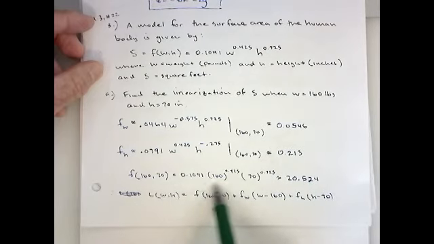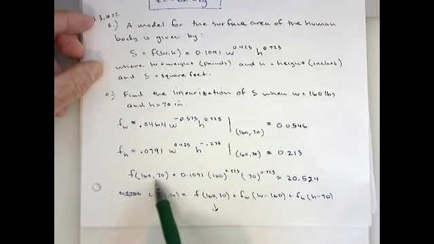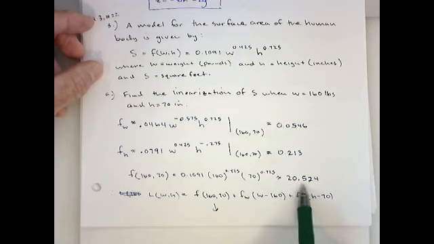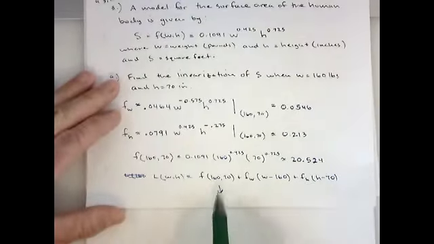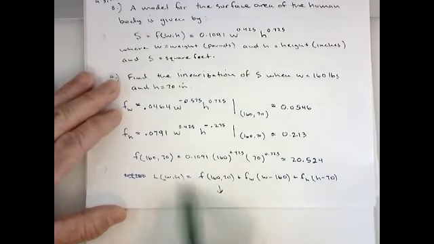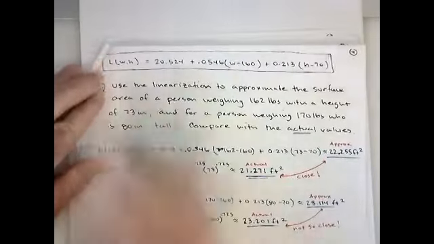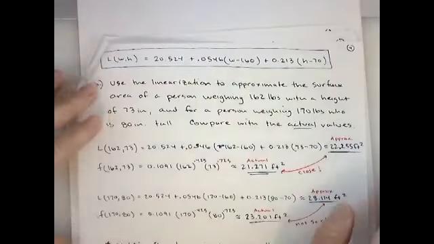So for my linear approximation, I needed the value f of 160, 70, and that's just plugging that into my function, which gives me 20.5254. So there's my general linearization formula, and up here at the top, if you plug the numbers in, there's my linearization.